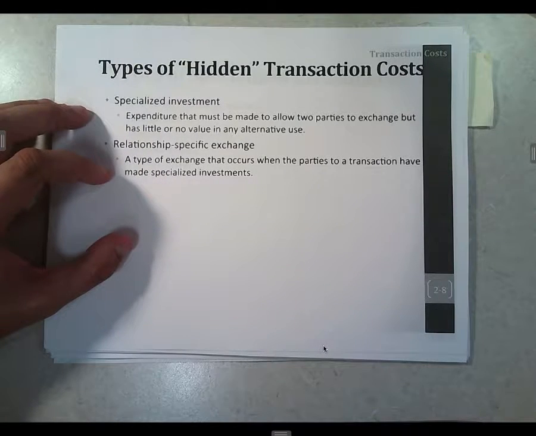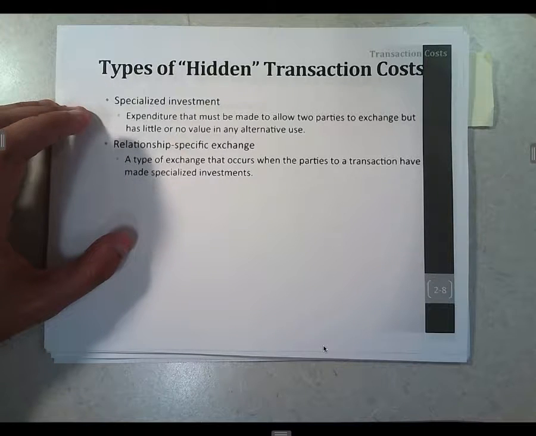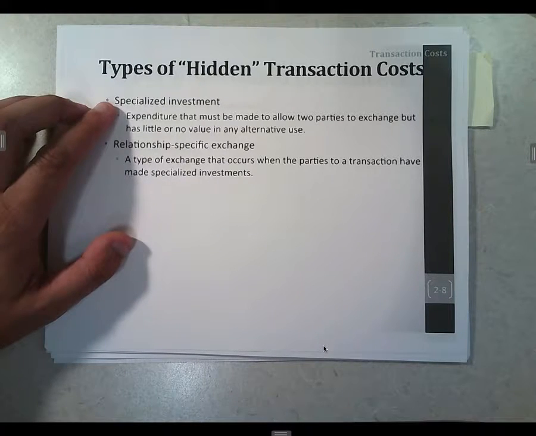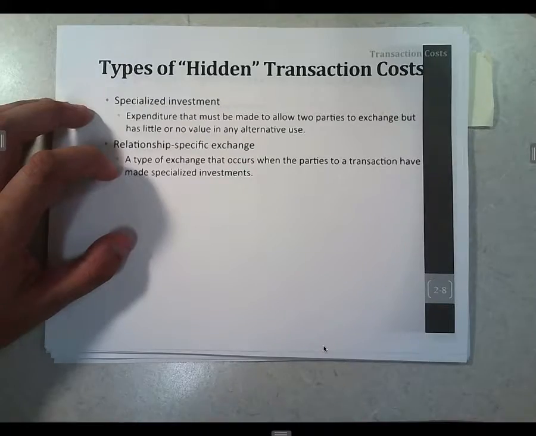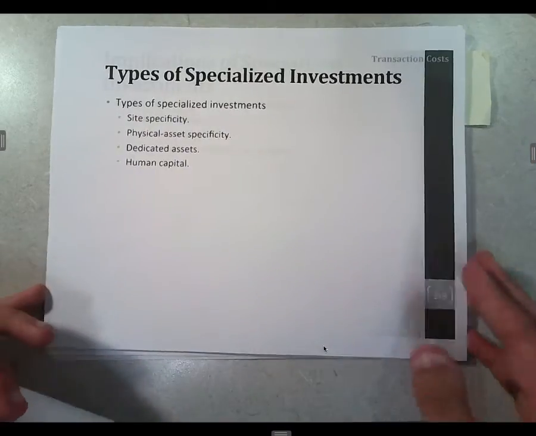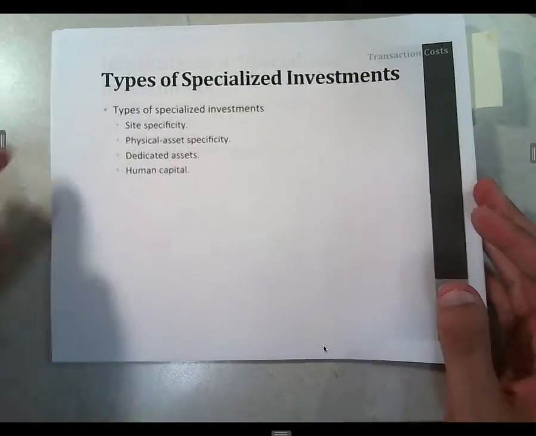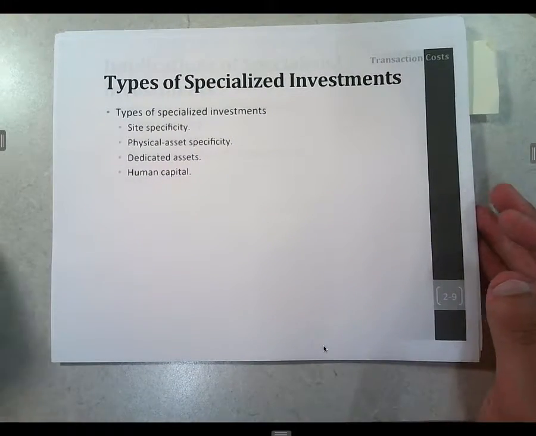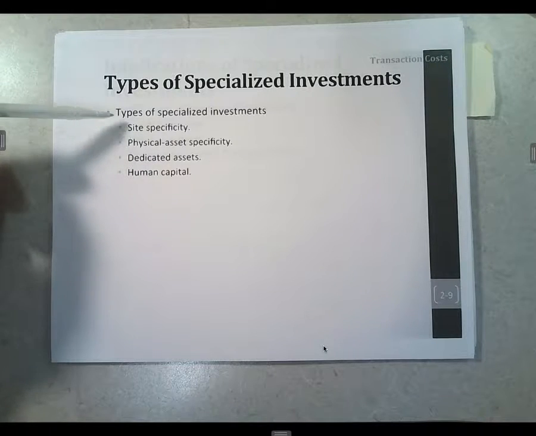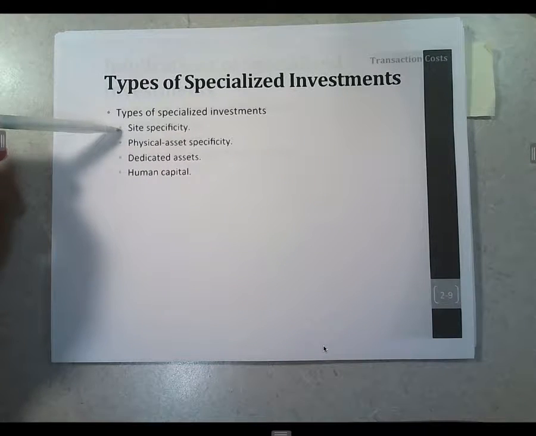And also, again, this is a relationship-specific exchange. So in this case, you see these specialized investments within that kind of exchange. What else do we see with these specialized investments? What are other ways in which these specialized investments occur? Well, they can occur if the site that you're dealing with is very specific.